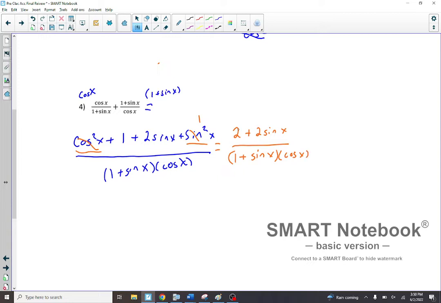Well, if I cross these out, I can factor out 2 here and then cross it out. So I have a 2 and a 1. So it's going to be 2 over cosine x.